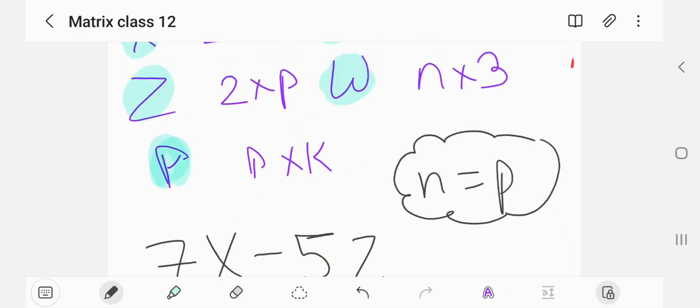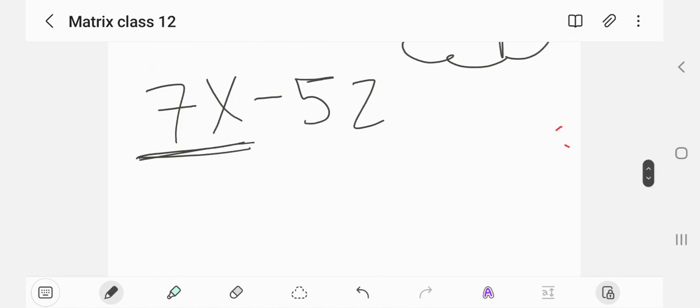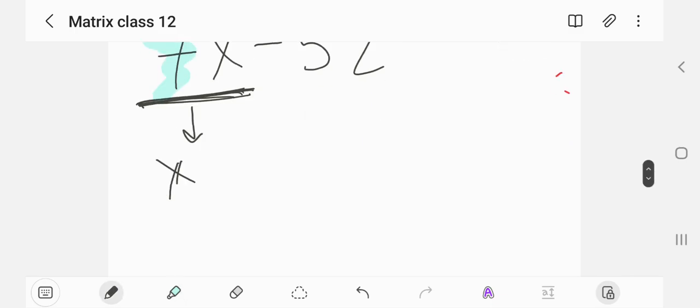Now the order of 7x will be the same as that of x. Why? Because it is a scalar multiplication with the scalar 7, so it will not affect the order in any way. And the order of x is 2 by n.